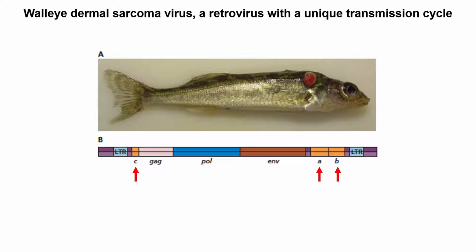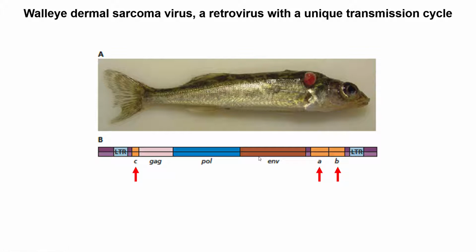Now let's take a look at the walleye dermal sarcoma virus and its unique transformation cycle. If you think about how this retrovirus genome sequence is organized, you already know that they have LTRs, very, very active promoters on each side. And gag, pol, and env are essentially the core sequences that every retrovirus has.